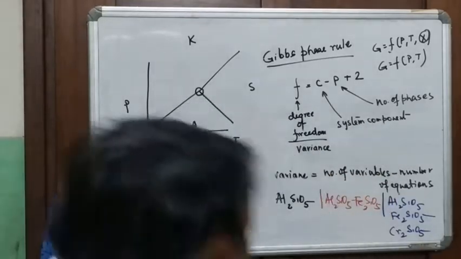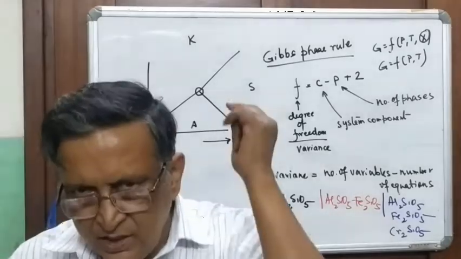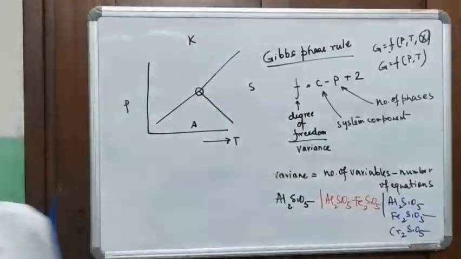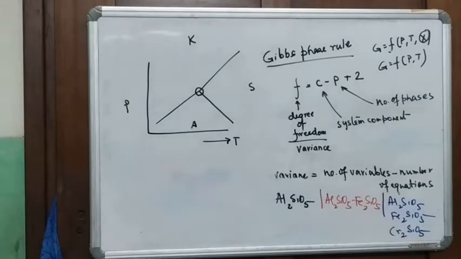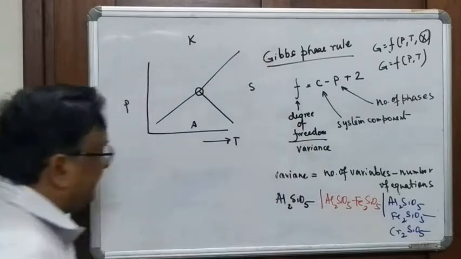This is how it was. Blue, black, red. The same phases were there: sillimanite, kyanite, and andalusite. Now, let us move onto this line.